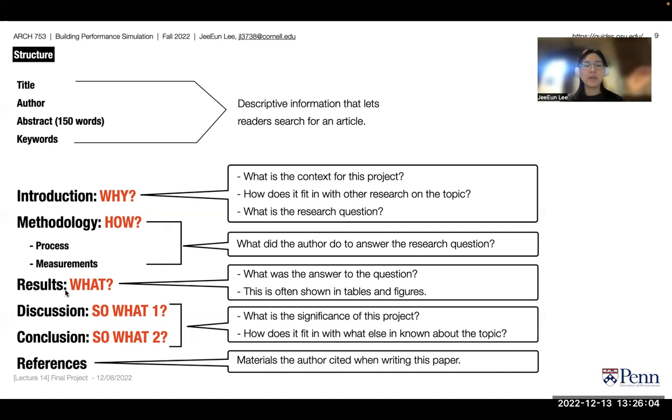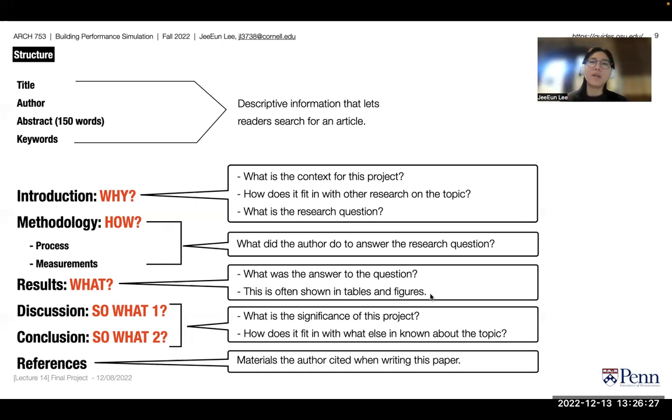The results are what came out of the methods process. This is about what the answer to the question was, and this is often shown in tables and figures. This may show how you compare the cases.